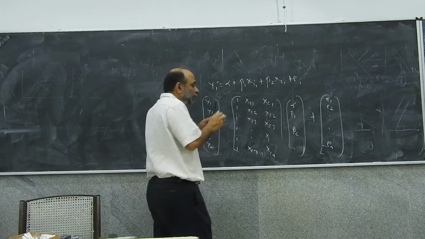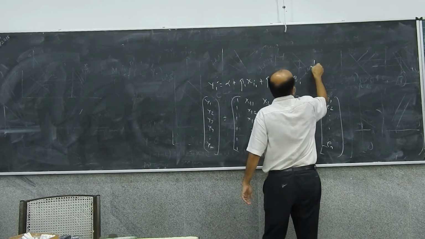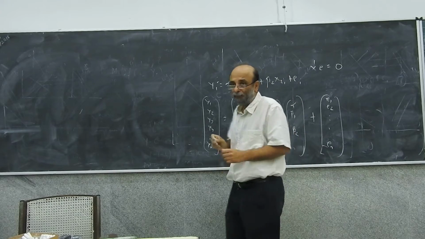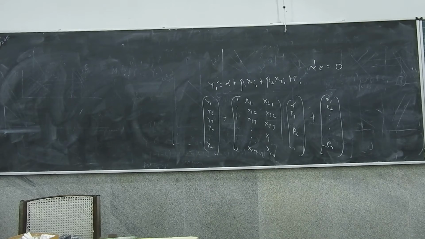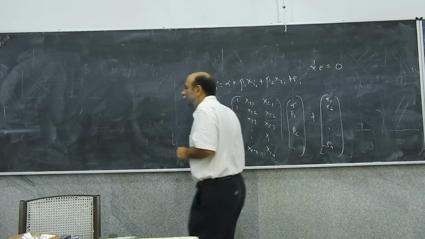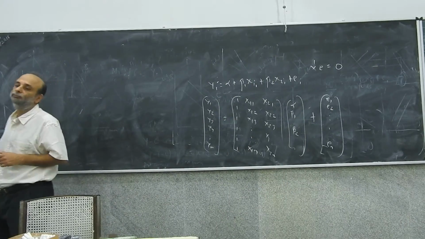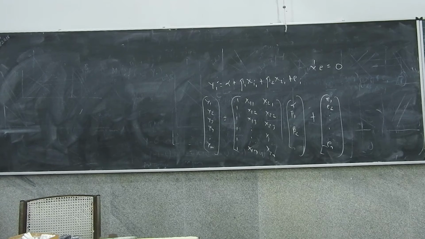Now if I impose the condition x dash e is equal to 0 here, I require 3 equations and 3 unknowns. To solve for alpha, beta 1 and beta 2, 3 equations are required. So tell me what those equations will be from x dash e is equal to 0.